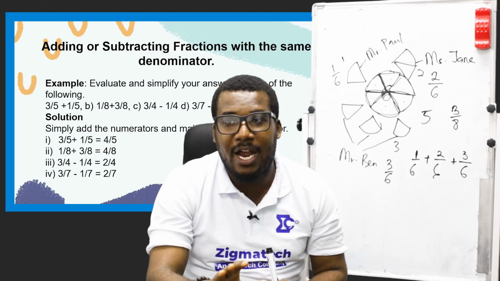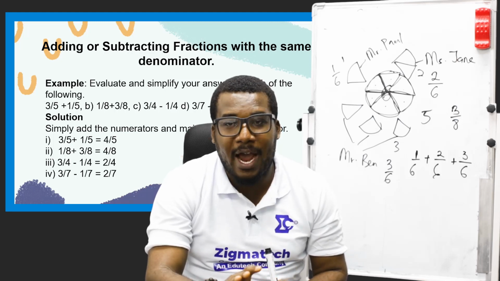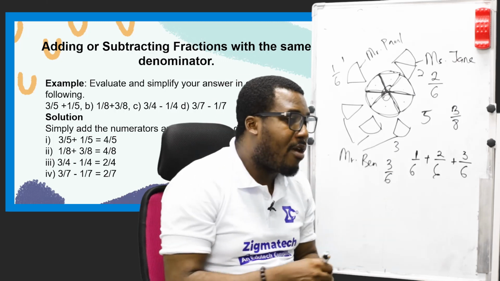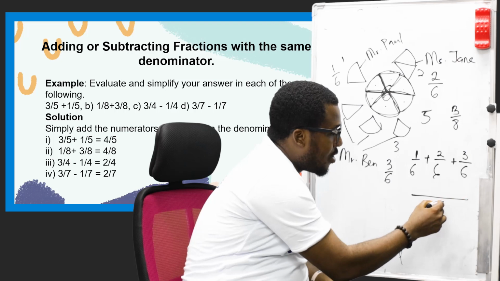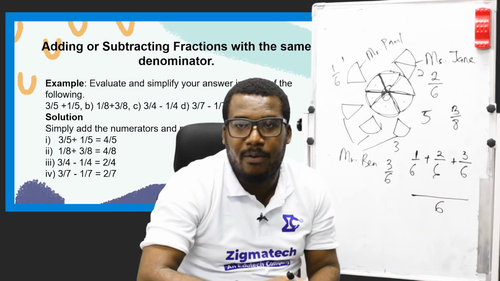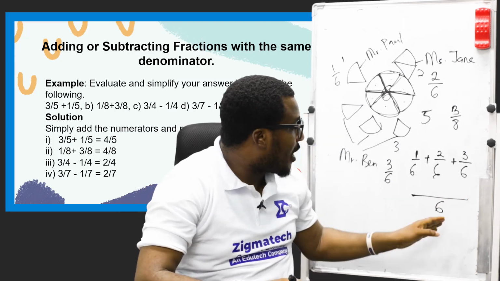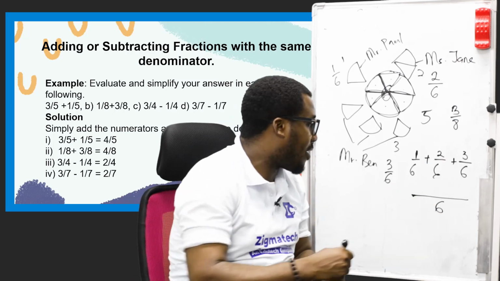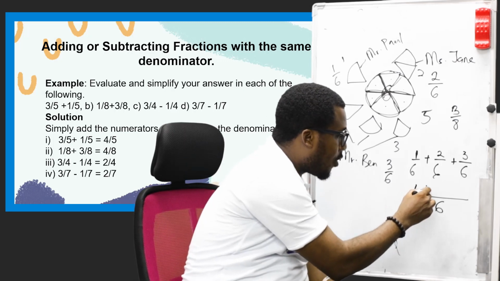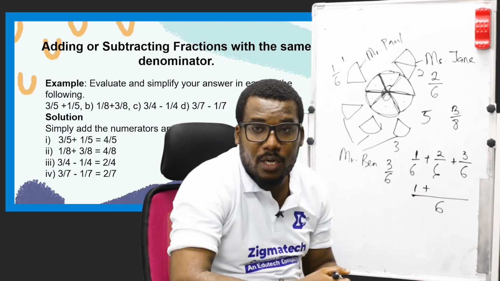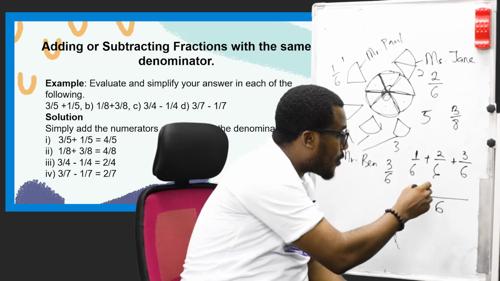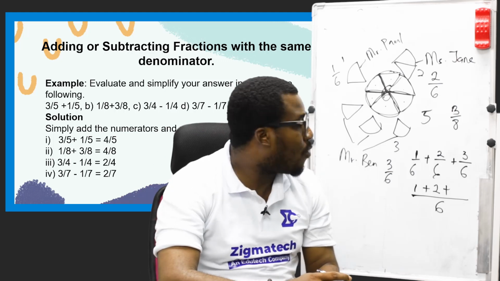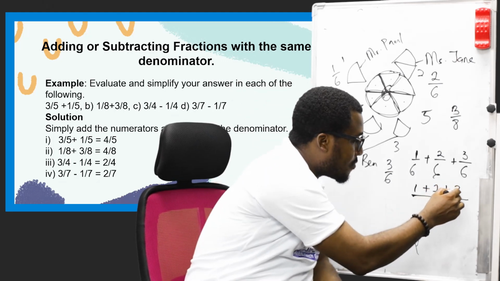The 6 will remain as your denominator, the one dividing everybody. 6 divided by 6 gives you 1, 1 times 1 is 1. Plus 6 divided by 6 again gives you 1, 1 times 2 is 2. 6 divided by 6 gives you 1 again, 1 times 3 is 3.